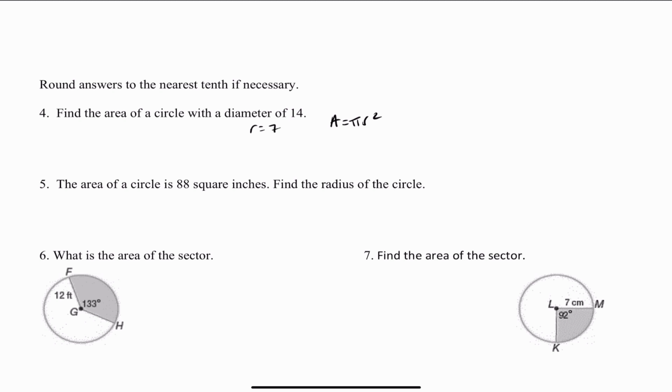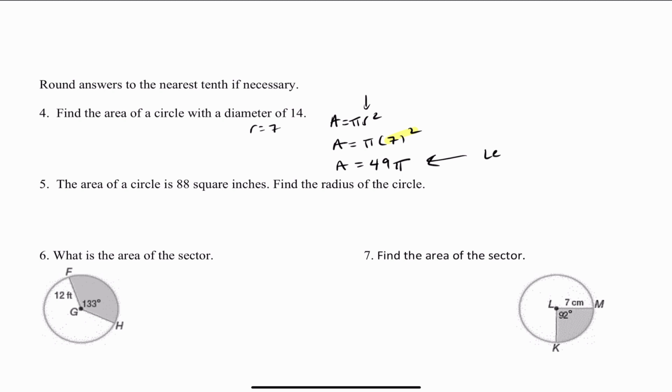So I'm going to replace r with 7. A equals pi times 7 squared. 7 squared is 49, so A equals 49 pi.